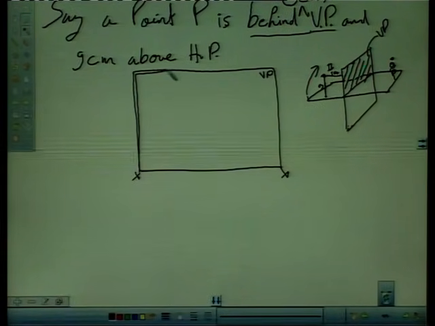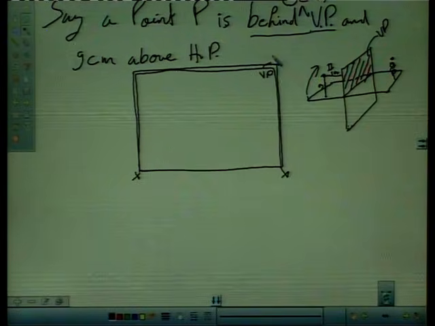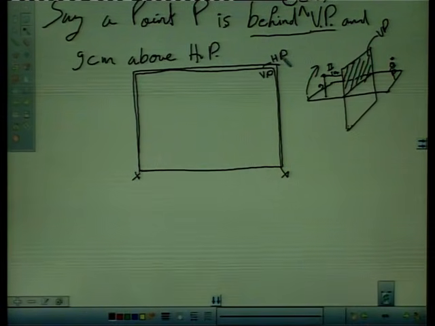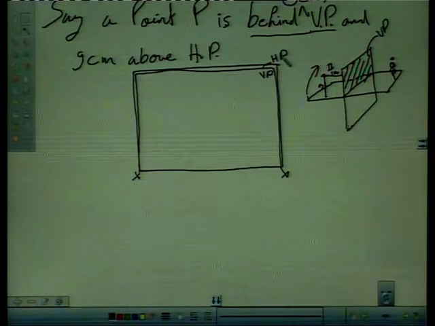So our vertical plane will also be parallel to this plane. We can draw another rectangle very close. Now say this is horizontal plane. Now we have both the planes parallel to each other on the sheet. VP and HP are parallel, and projection of plan and elevation will both be on this surface. So how to draw this? First, see here, point P is 5 centimeter behind vertical plane.